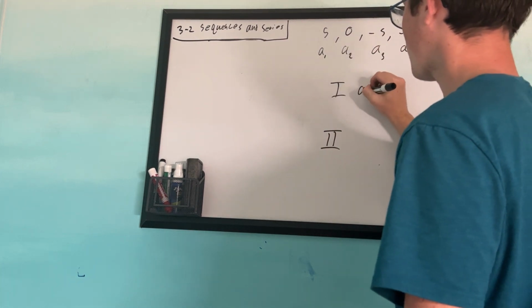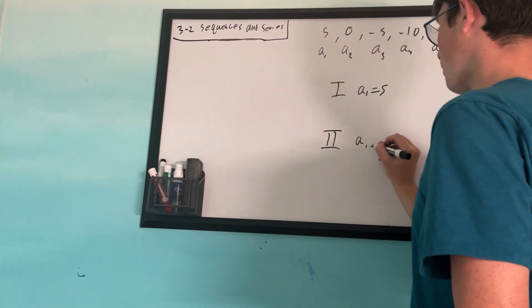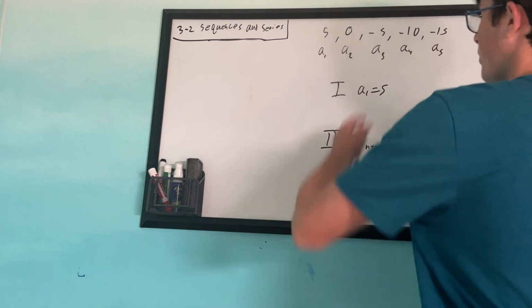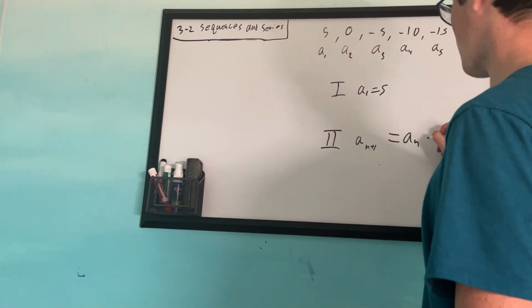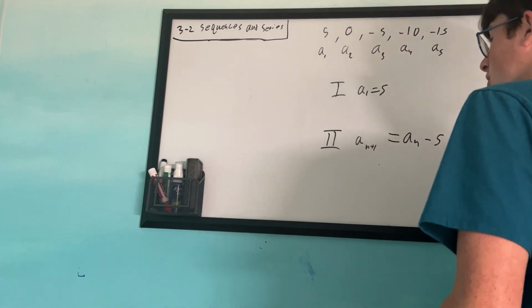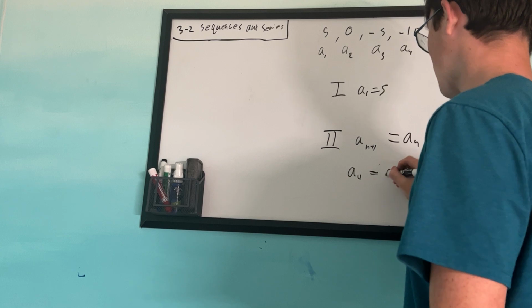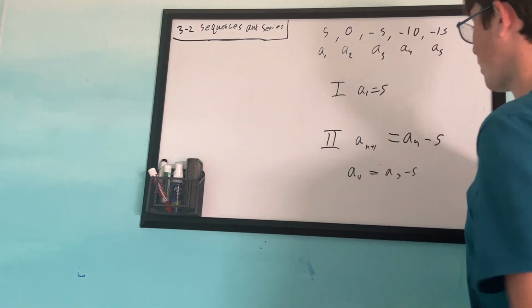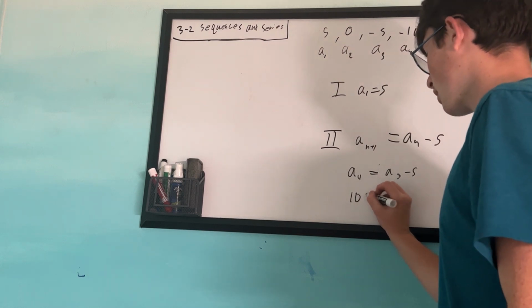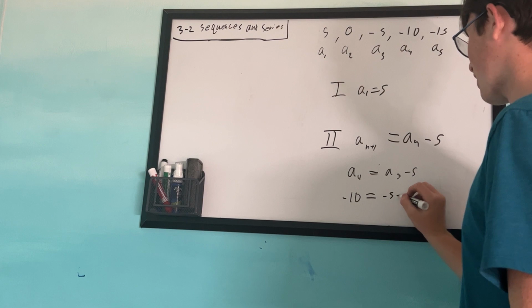We have a sub 1 equals 5, and a sub n plus 1 is always going to be 5 less than the previous one, so that's equal to a sub n minus 5. We can check this out. We can try a sub 4 equals a sub 3 minus 5. Check this out, and negative 10 is in fact equal to negative 5 minus 5.